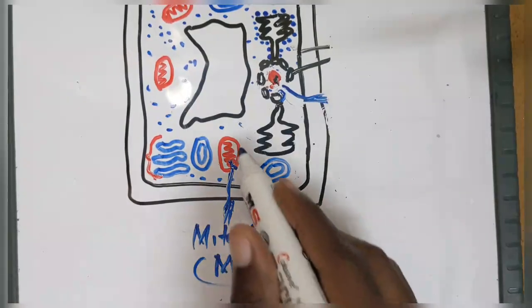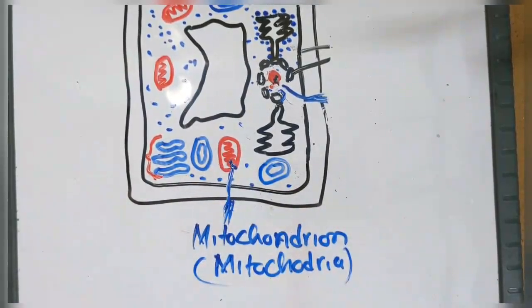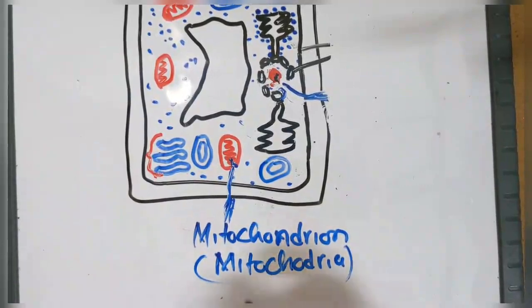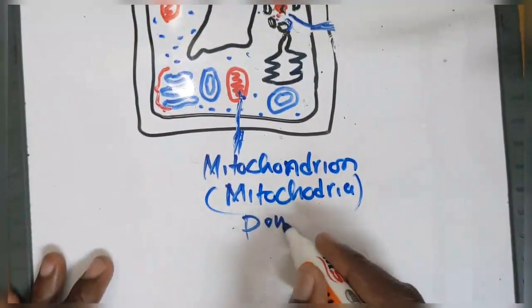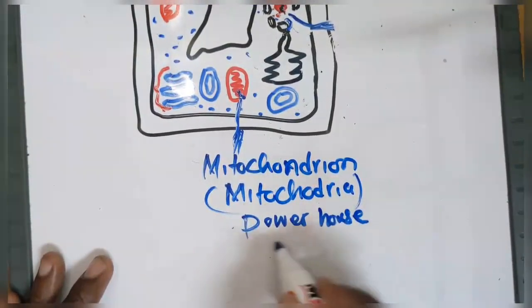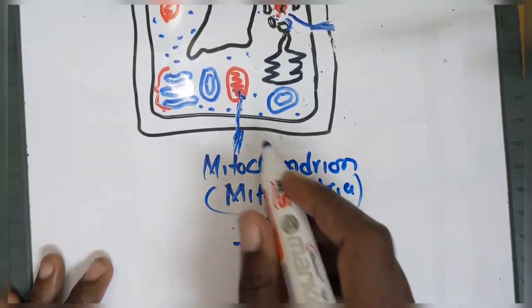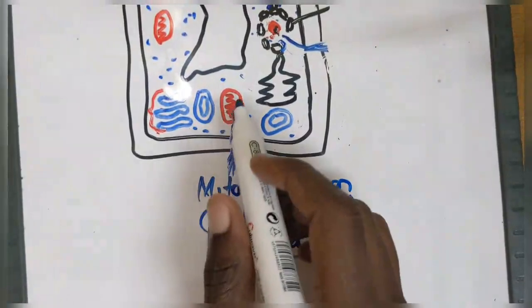So for that reason, this part, the mitochondrion, is also called the powerhouse. The other name you can use to call this mitochondrion is the powerhouse. It looks like this.